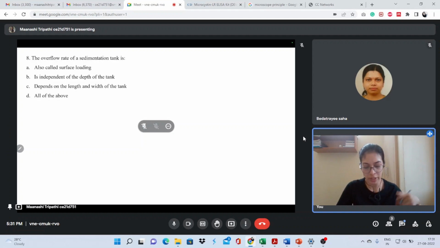The overflow rate of sedimentation tank, also called surface loading, is independent of the depth of the tank, or depends upon the length and width of the tank. We have just seen this. This is a very easy question. We have just seen all the aspects of this question in the last question itself.